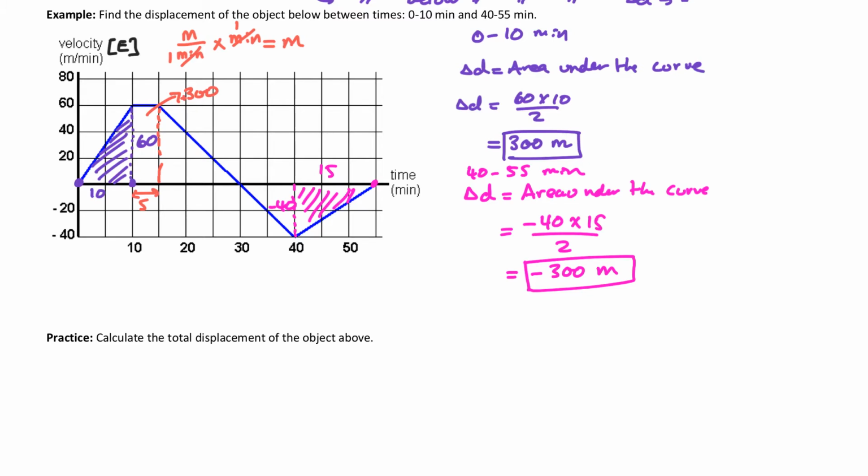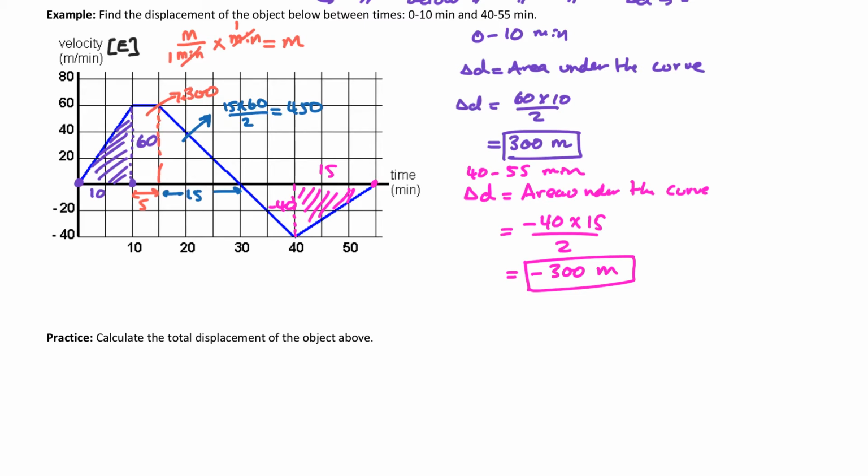And then let's use a different color. Let's use this blue. This area over here, we've got a base of 15 and a height of 60. So 15 times 60 divided by 2 because it's a triangle. That would be 30 times 15, which should be 450. Okay, the next area.